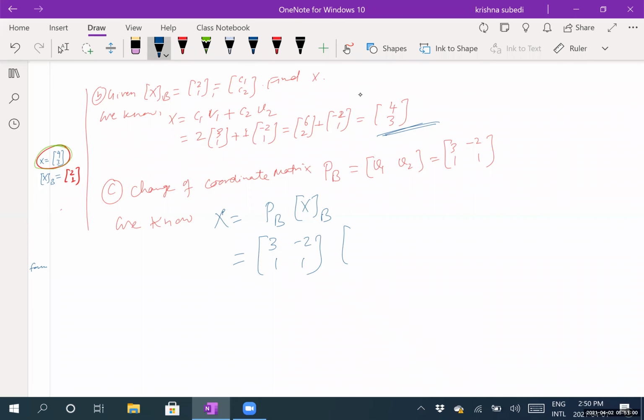And XB, we already know, is 2 and 1. Now please multiply this. If you multiply these two matrices, you're going to get 4 and 3, right?